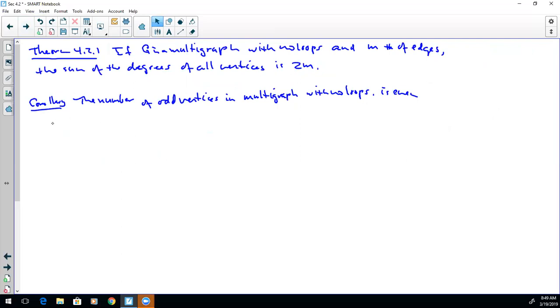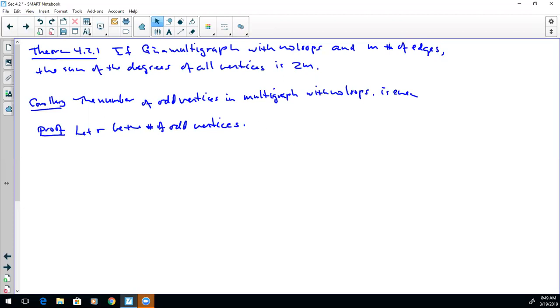And the proof goes something like this. Okay, so we might have multiple edges joining two vertices, but we don't have any loops. Let's let R be this number we're after. Okay.